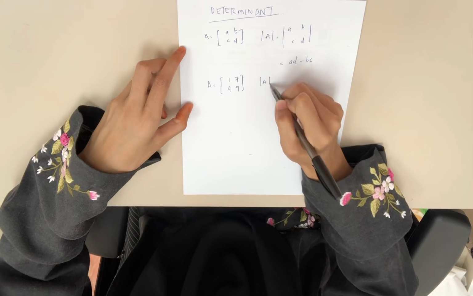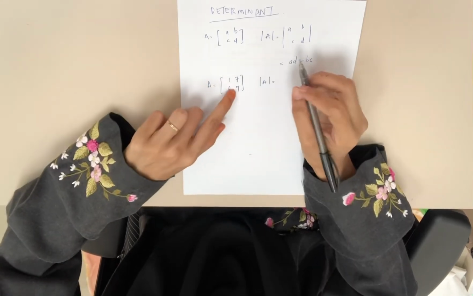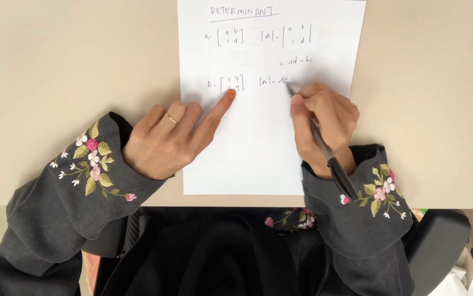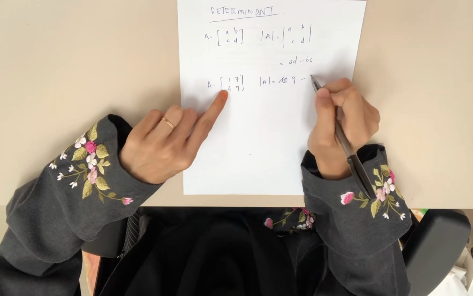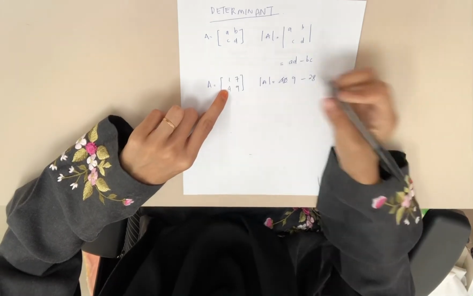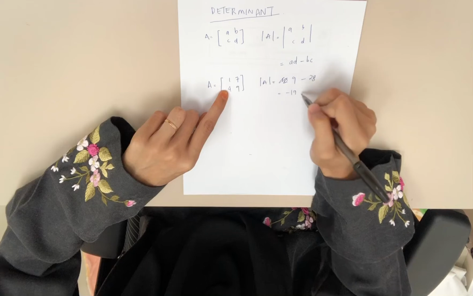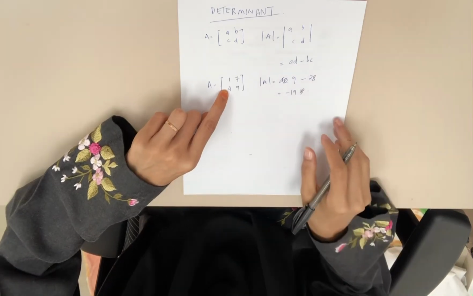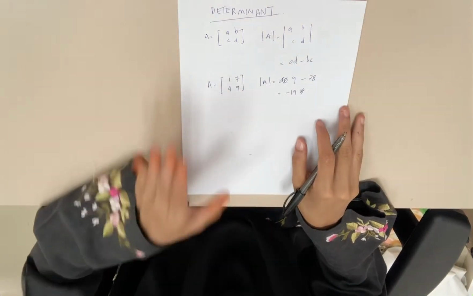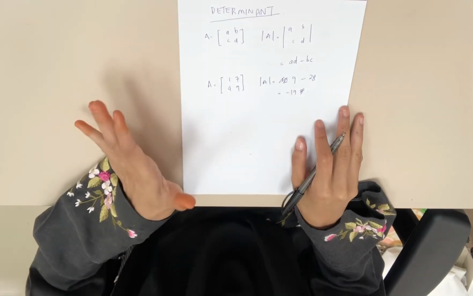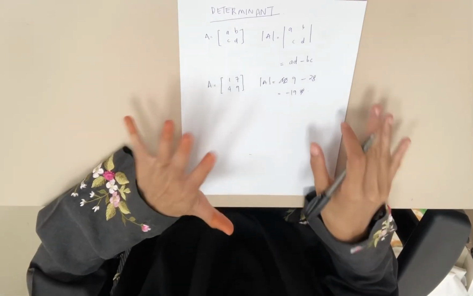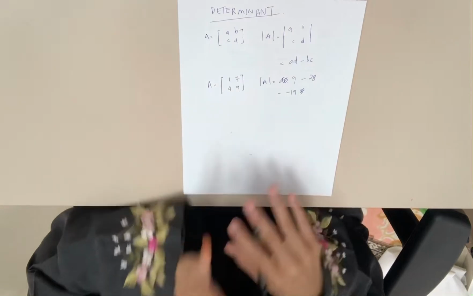Therefore, the determinant of matrix A is 9 minus 28, which is equal to negative 19. So this is the determinant of matrix A. It's easy for 2x2, right? So now we proceed.